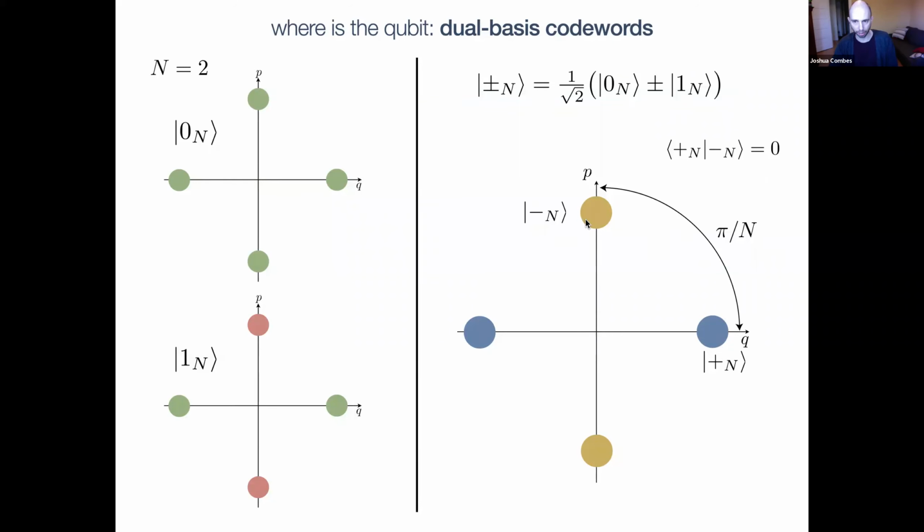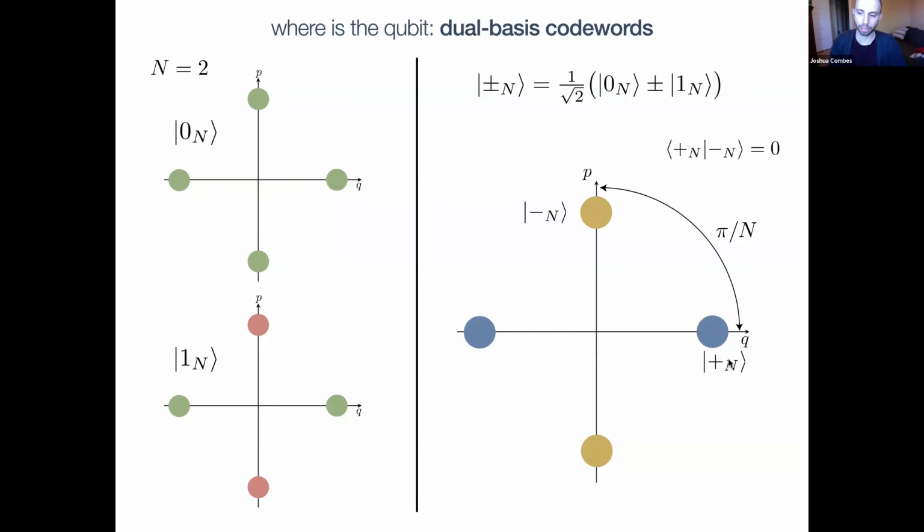If I rotate it by pi, it will be back to the same state. However, to construct the minus code word, I now subtract the 1, and this gives me a cancellation in a different way. And this is the minus code word here.